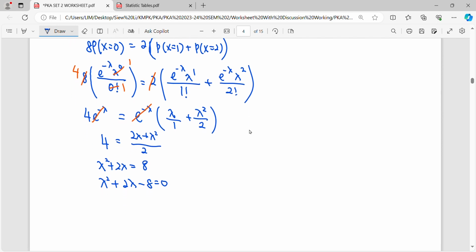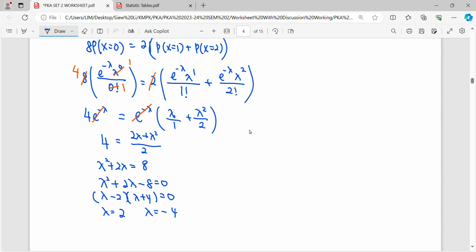Then can you factorize this? Factorize or formula? Is your lambda in integers or decimal? Integers. So if your lambda is in integers, it means factorize. What's your lambda? 2 and negative 4. So factorized, it is lambda minus 2, lambda plus 4.